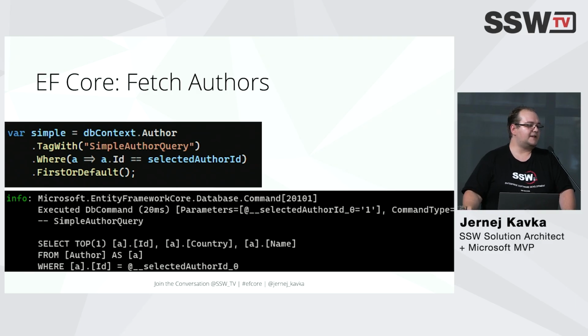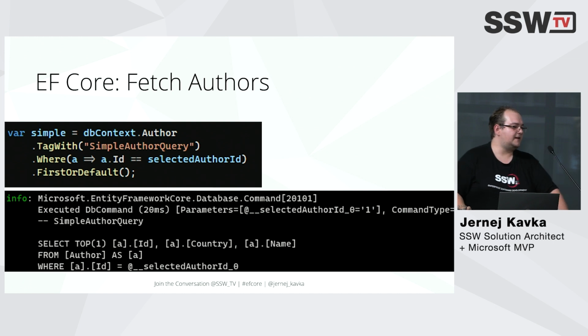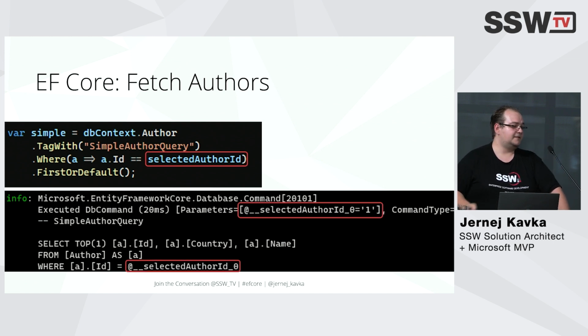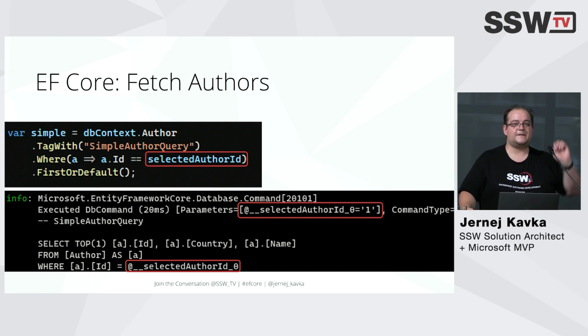And let's look at how we generate SQL queries in EF Core. So here I have a very simple query on authors, where we just filtered by one author, and we fetch only one author. There's nothing too special over here. The only thing to emphasize is, if you have never seen how the selected author would be pushed into that SQL query, this is how.